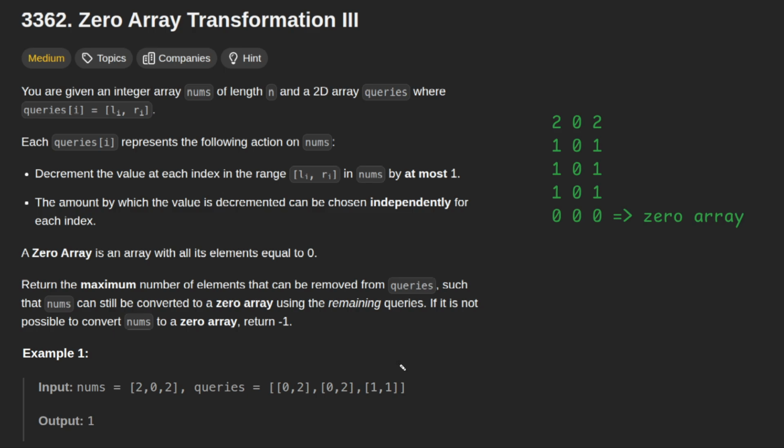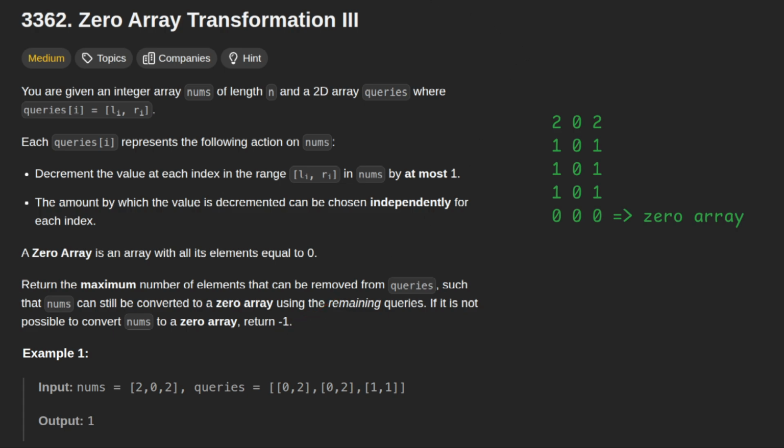So this is an extra query, so we need to return 1. If it is not possible to convert nums to a zero array, return -1. So if we consume all the queries and subtract from nums, and after that I am still not able to get [0, 0, 0], then I have to return -1.